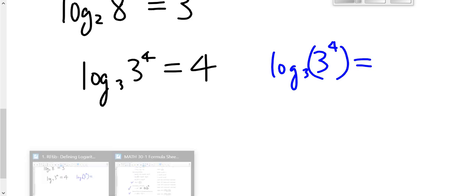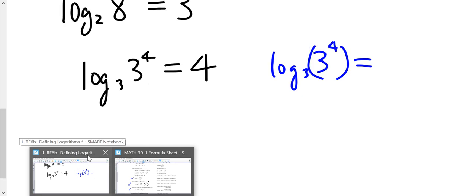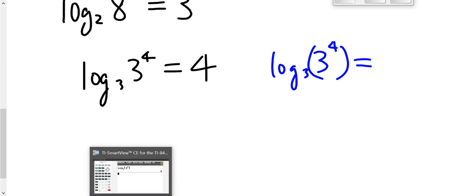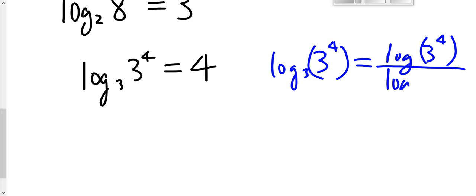You can write that as log C over log B. So in this case, you would write that as log of this on the top and then the base, you just take the log of that on the bottom, log 3.